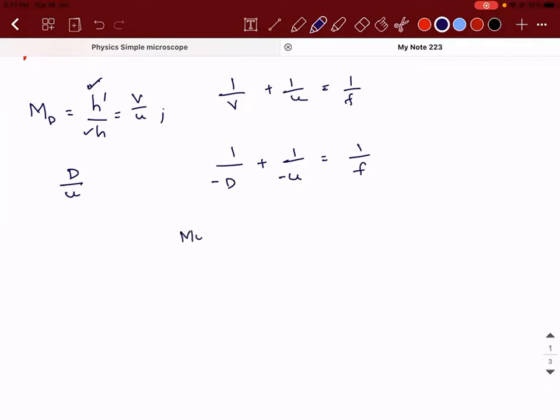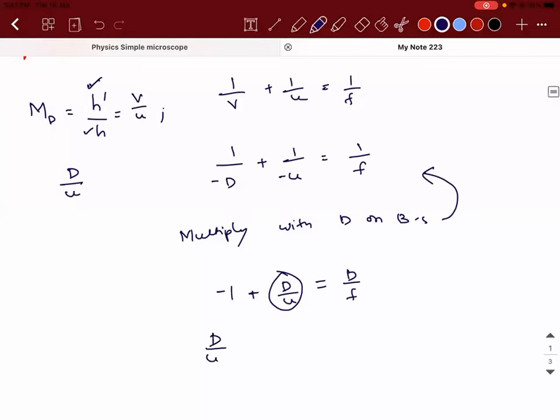I will multiply with D on both sides. If I multiply with D on both the sides, I'll get minus 1 plus D divided by U is equal to D by F. Right. So D divided by U, can I write it as 1 plus D by F?